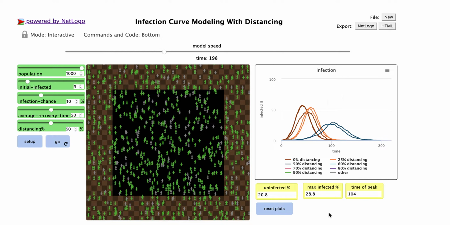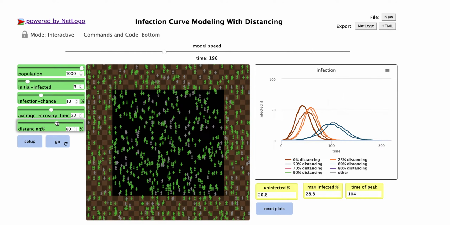Even though a similar number of people get infected by the end, this can be really important because our medical system, our hospitals, don't have capacity to deal with this if everybody gets infected at once. So we're trying to flatten the curve to give them some breathing room so that they'll have the capacity to help the people that are going to be most severely affected by this virus.